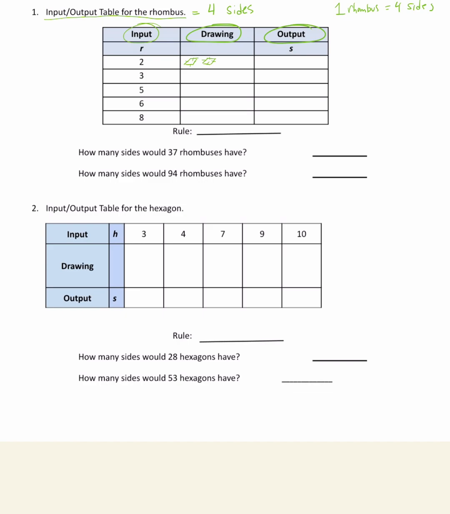And all I did was double it. With our 2 rhombuses, each one still had the 4 sides. So I would do 2 times 4, and 2 times 4 is 8. So there are 8 sides.